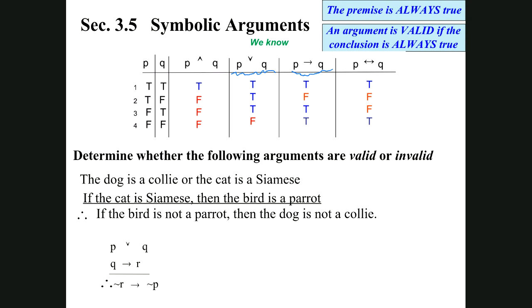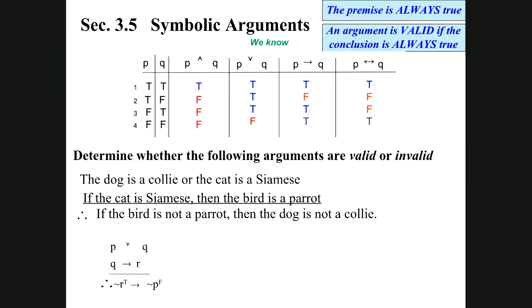The only time this conclusion is false is if you have a true, then false. So the shortest or easiest way of seeing if this is a valid argument is to check if that conclusion can be false. Well, let's see. Can we make that conclusion false?